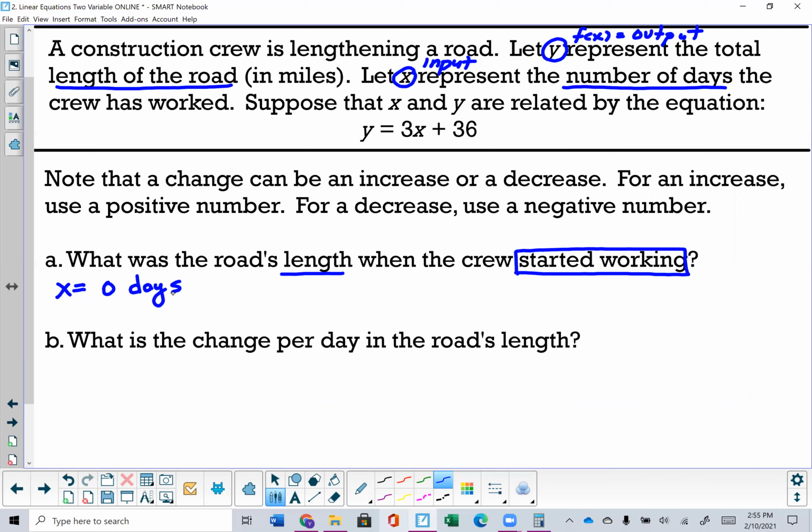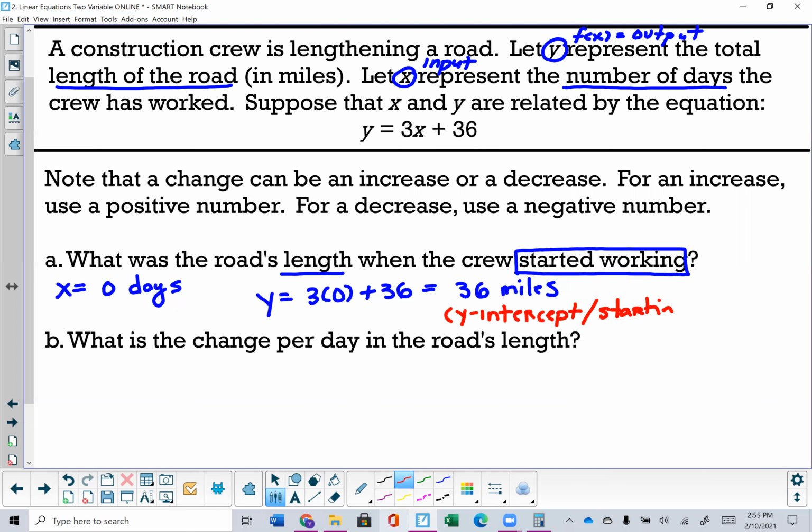So then if x is 0 days, the length of the road can be found by doing y equals 3 times 0 plus 36, which equals 36. And the units for that would be miles. Essentially, we have our y-intercept here. This is our y-intercept. And think of it another way, like the starting point for this context.